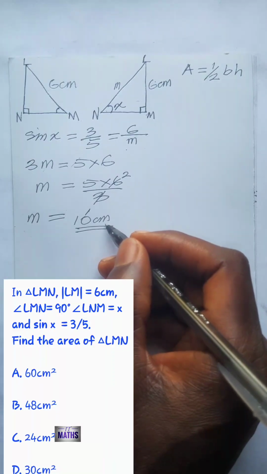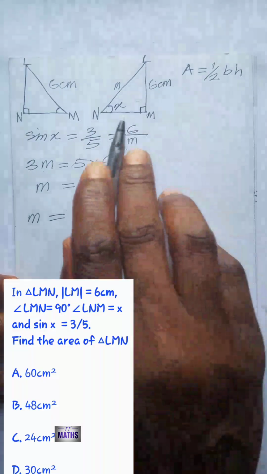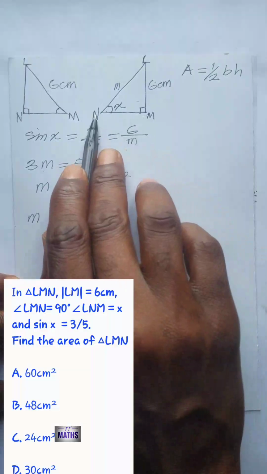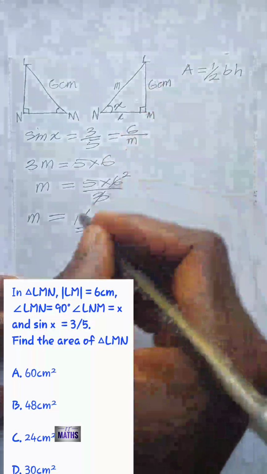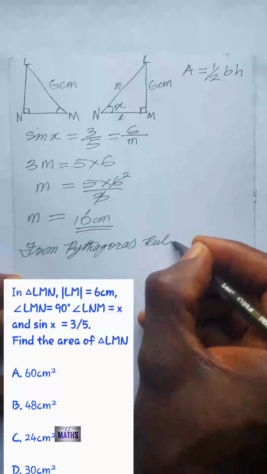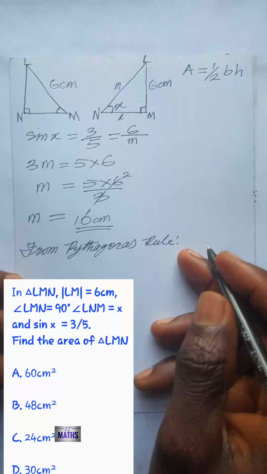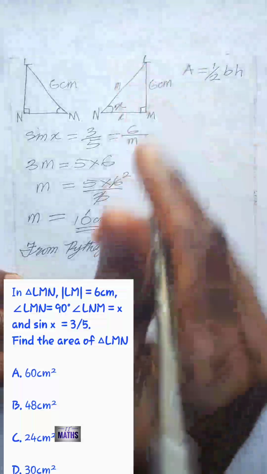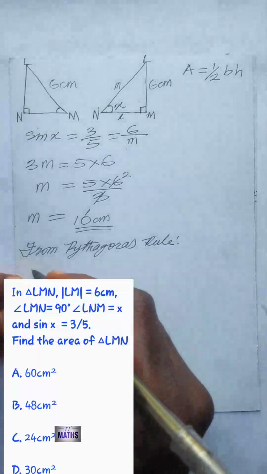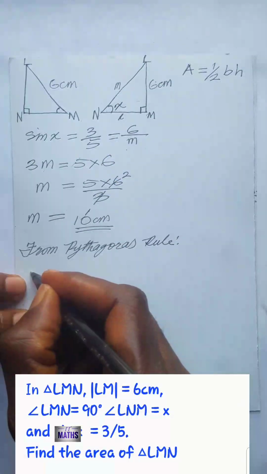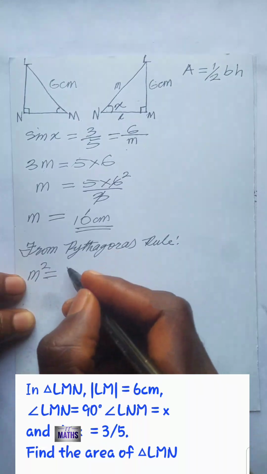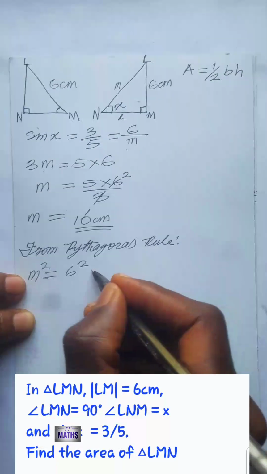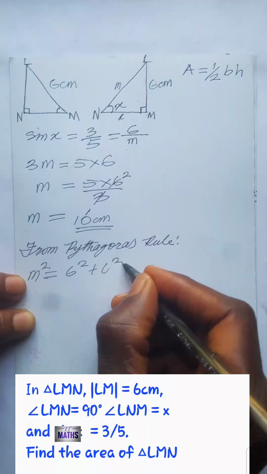Okay, so let's proceed now to finding line NM. I'm going to call that little letter L. From Pythagoras rule, I'm going to state here that m square is equal to 6 square plus L square.